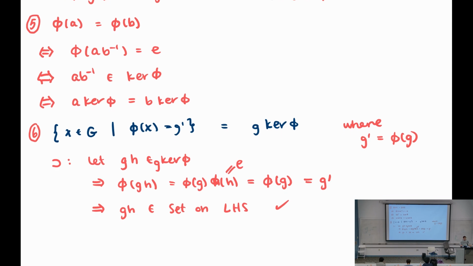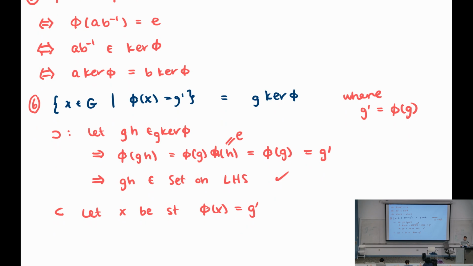Okay, so for the other containment, let x be an element of the set, so it has the property such that phi of x is equal to g prime, and then we want to show that it's in this coset.